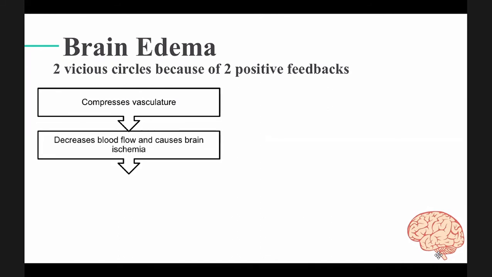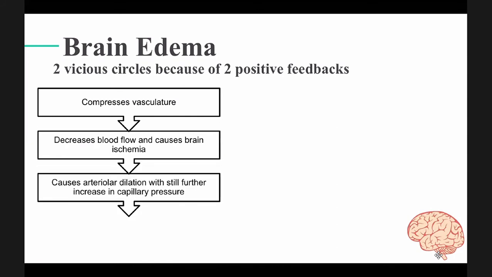From the compression of the vasculature, blood flow decreases and causes brain ischemia. And if there is ischemia, a decrease in blood flow and oxygen, it causes arteriolar dilatation, which further increases capillary pressure.